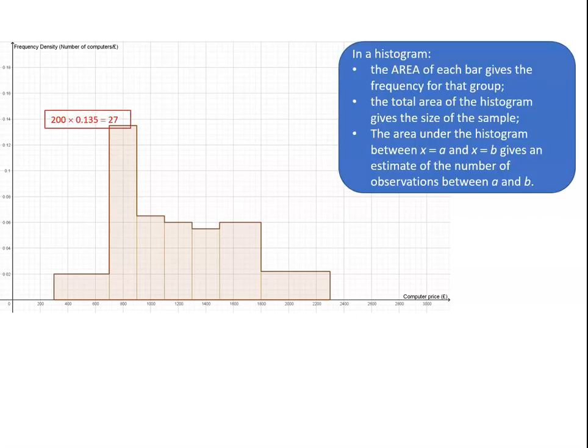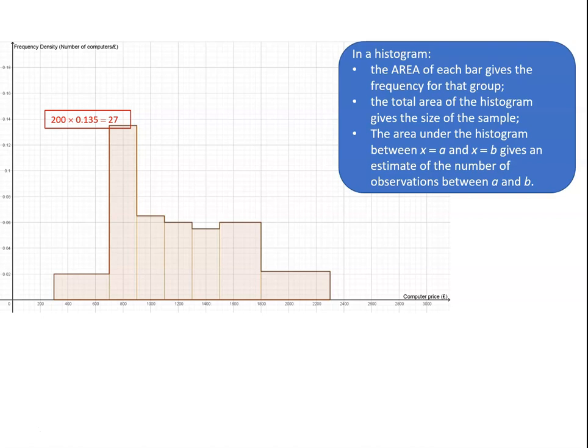When we're dealing with a histogram, we need to remember that the area of each bar gives the frequency for that particular group. So if we look at the group that goes from 700 to 900, we have a base of £200. The height of the bar is 0.135, so the area of that bar is 200 times 0.135, which gives me 27.